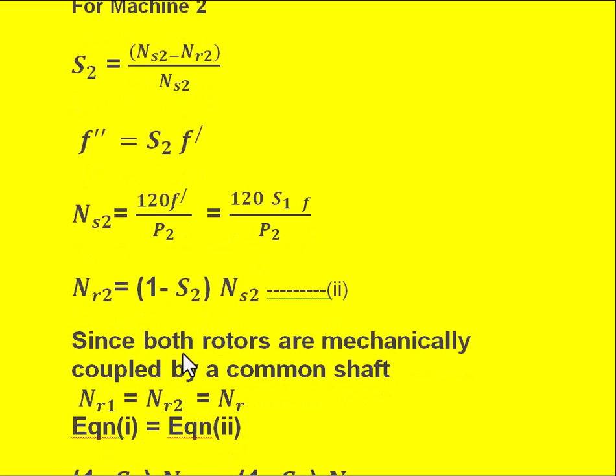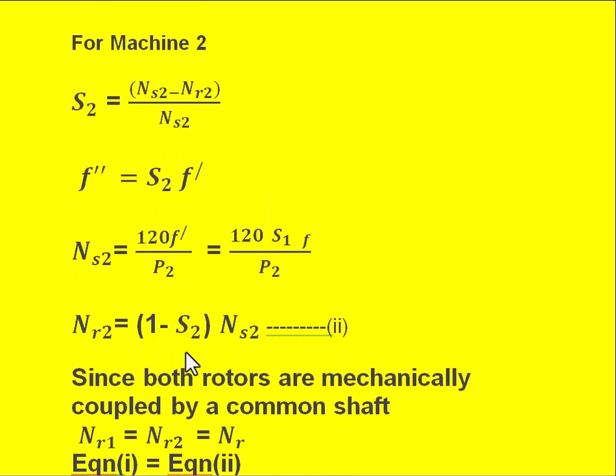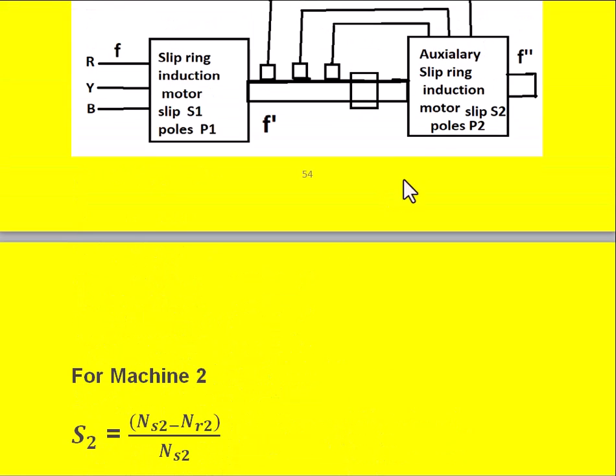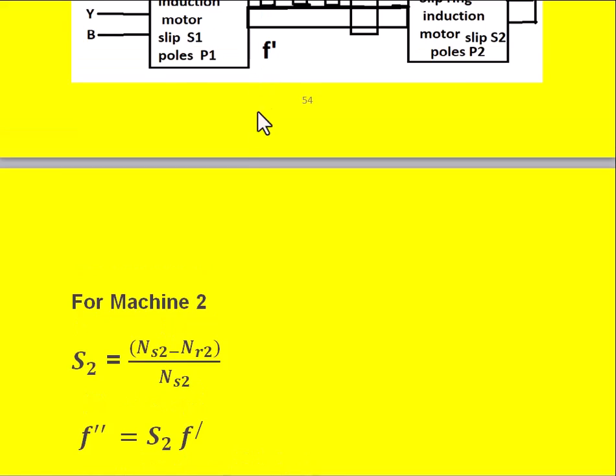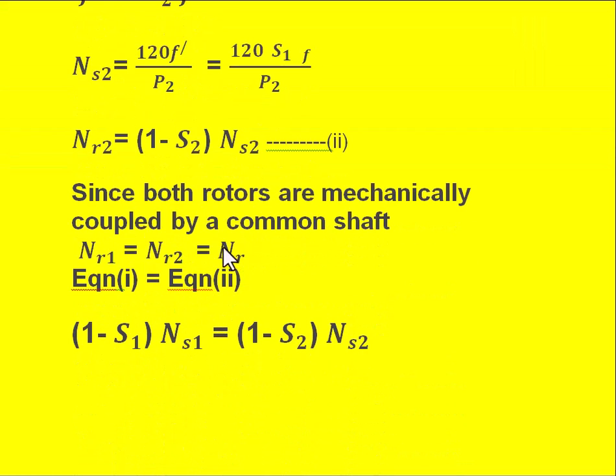Remember here, both the rotors of machine 1 and machine 2 are coupled by a common shaft, that is, mechanically coupled like this. So both the rotor speeds must be the same as the shaft speed, that is NR1 must be equal to NR2, which we say is the shaft speed NR, or in general the rotor speed.